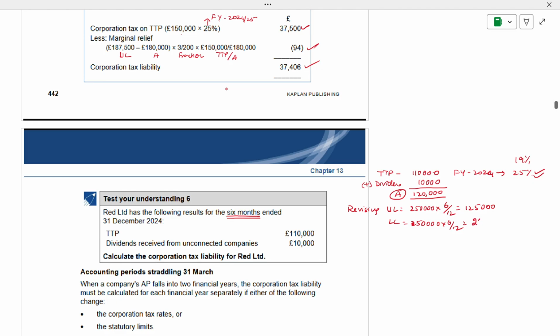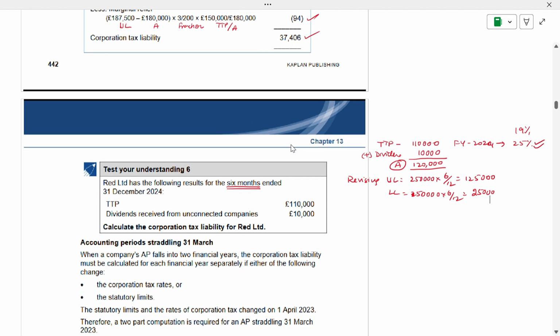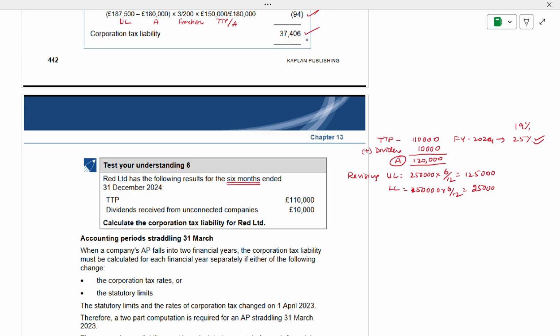Upper limit 250,000 into 6 by 12 gives 125,000. Lower limit 50,000 into 6 by 12 comes to 25,000.